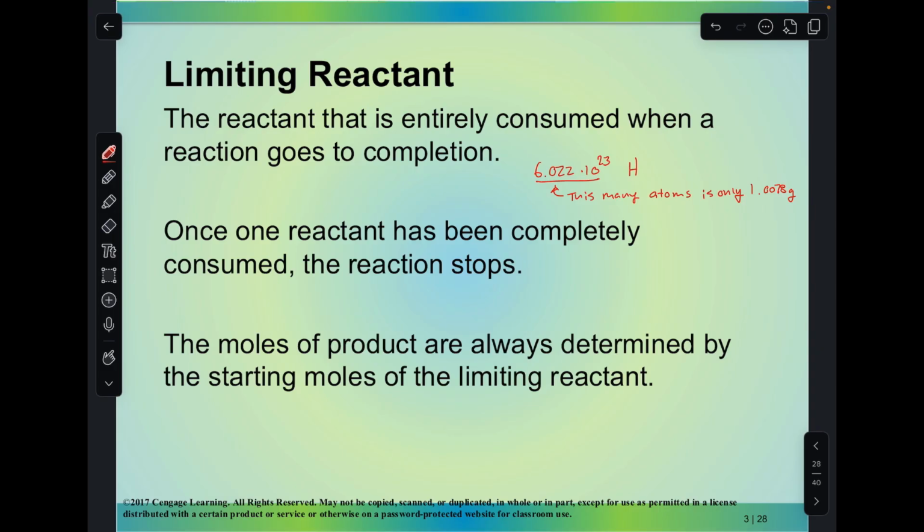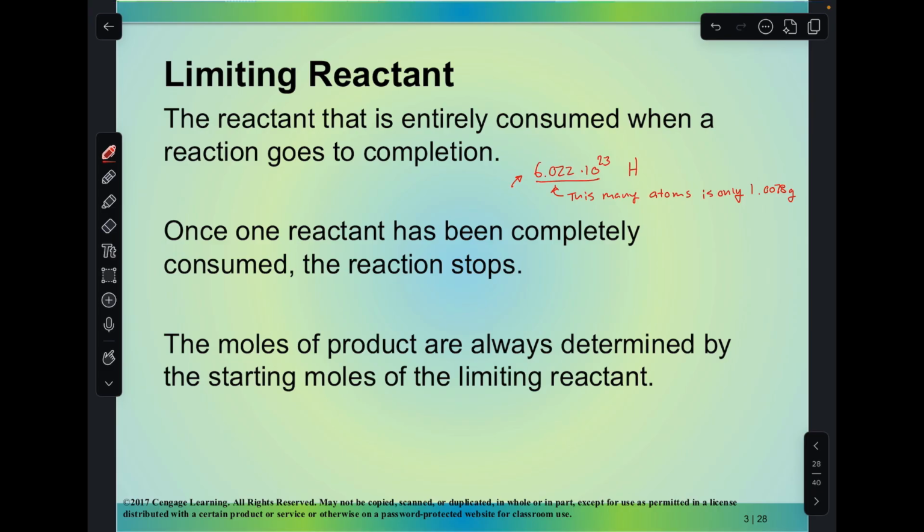So what I'm trying to say here is that this extremely large number of atoms is only going to be 1 gram. So when you're doing a reaction, you are never going to be able to get that reaction completely correct by just measuring it. You are never going to be able to measure out exactly this many atoms or a fraction of this many atoms compared to another substance.